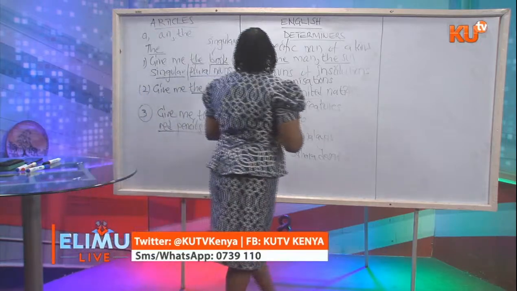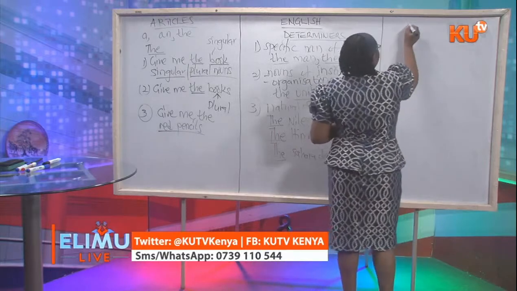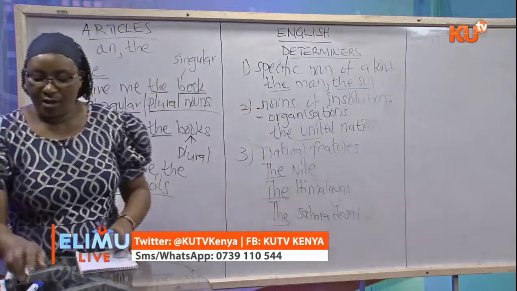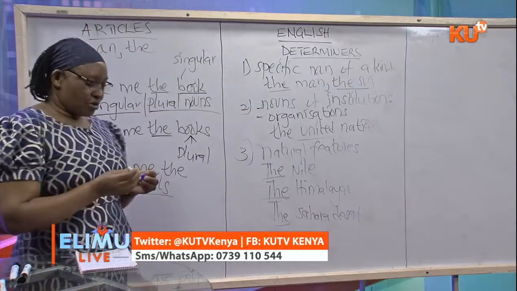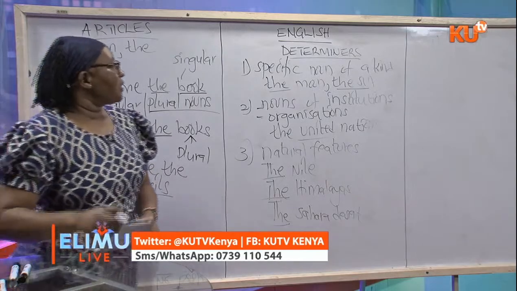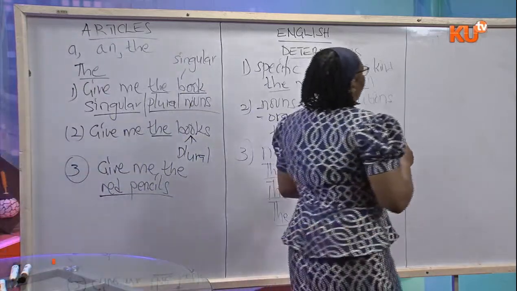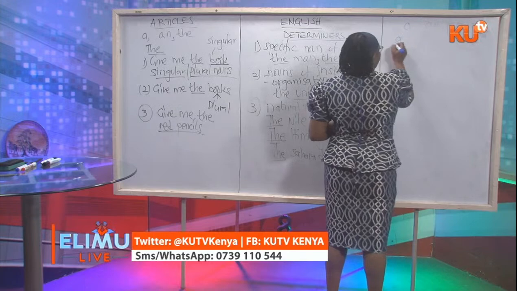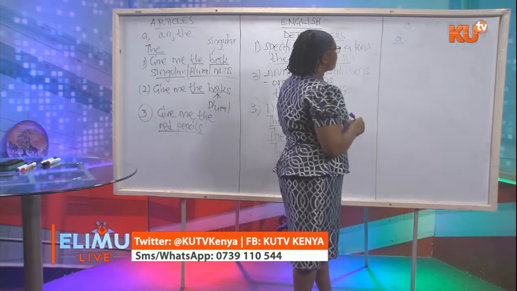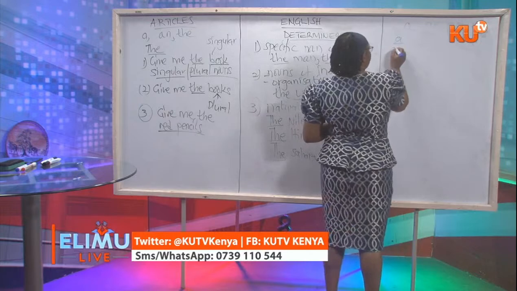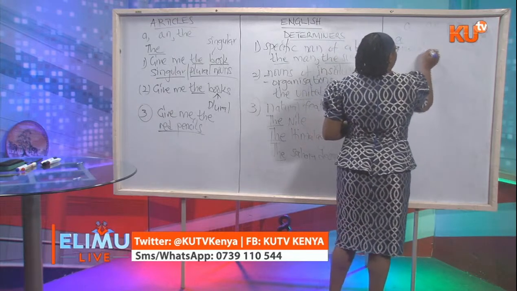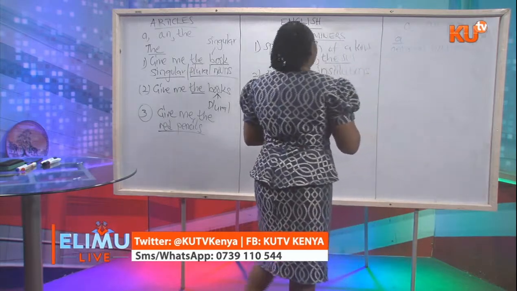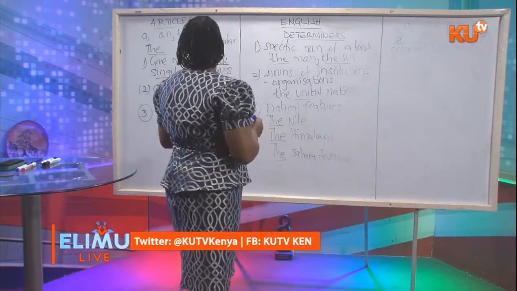Now then we move on to the next determiners, which are a and an, and we start with a. When we use "the", we say it is used with specific nouns. The opposite is when we come to a. Now a is used with general nouns. Okay, let's take the first example that we had.